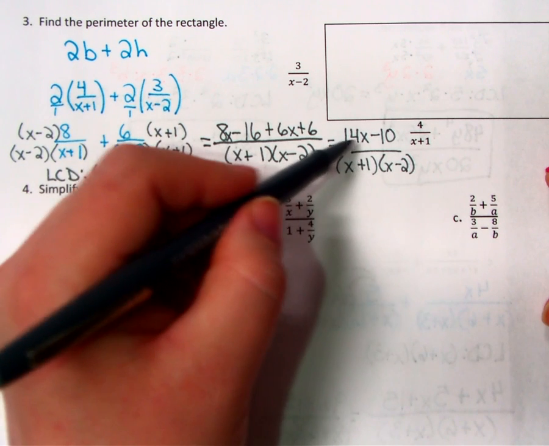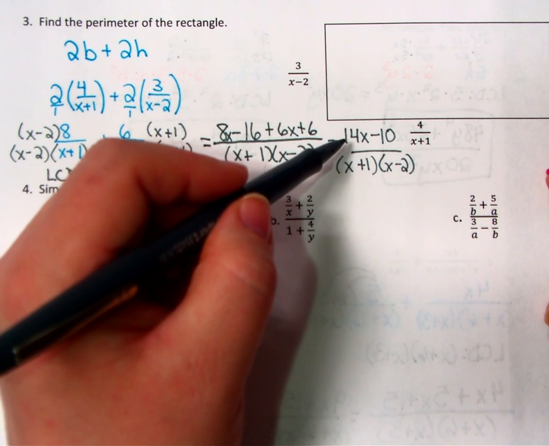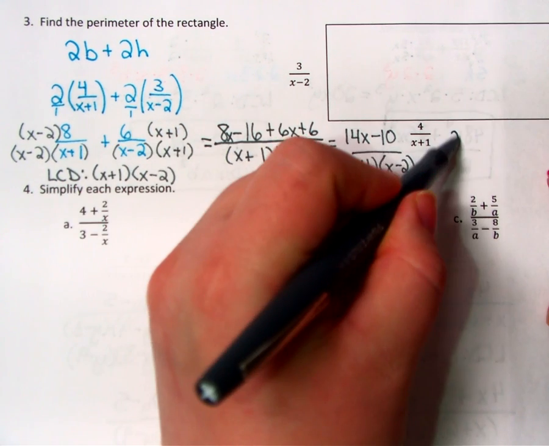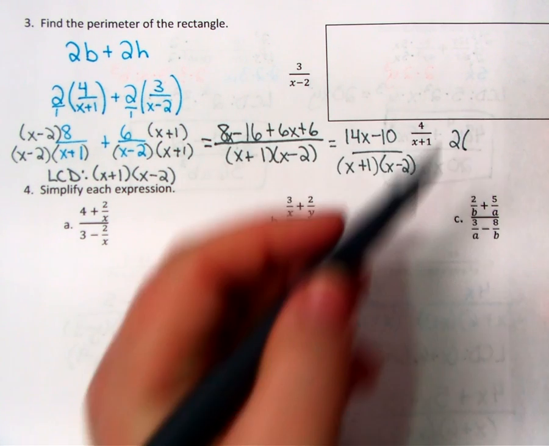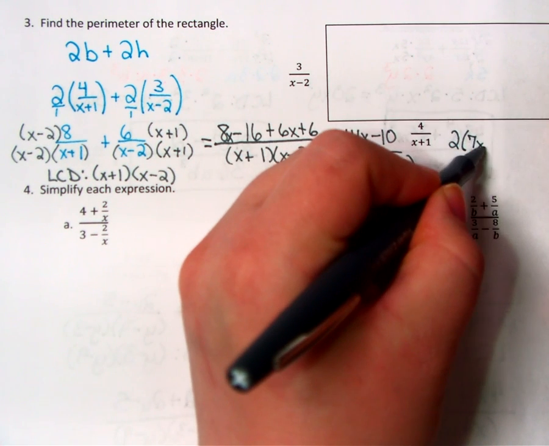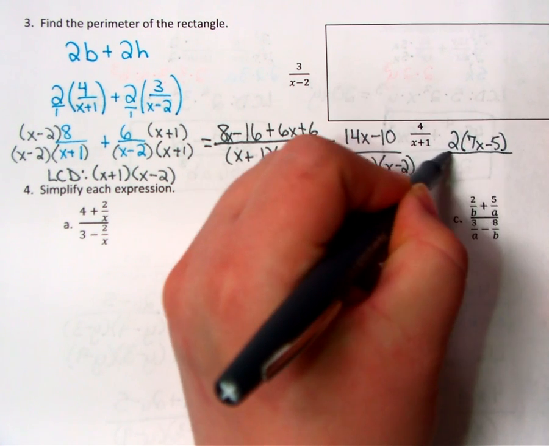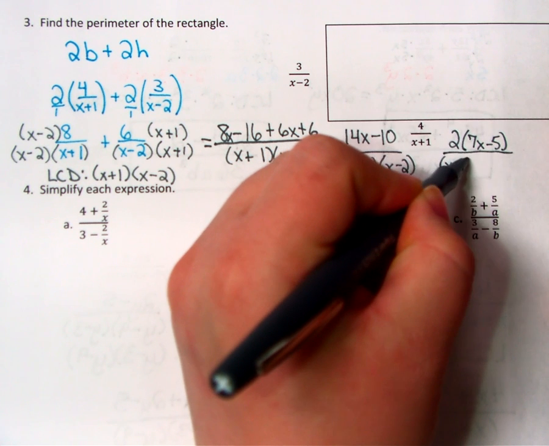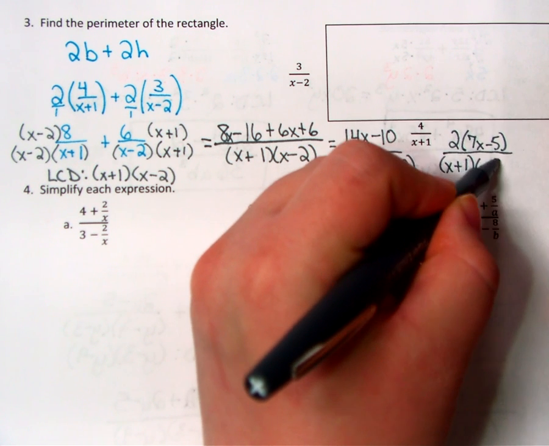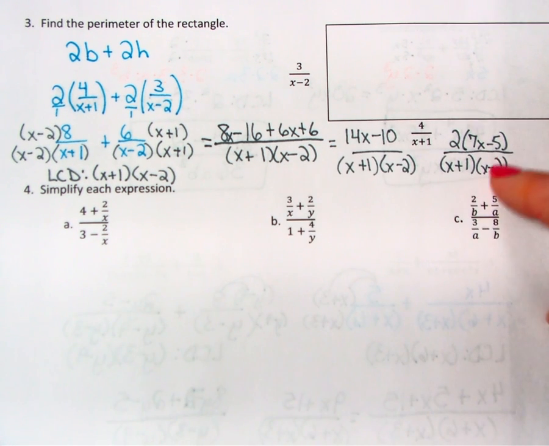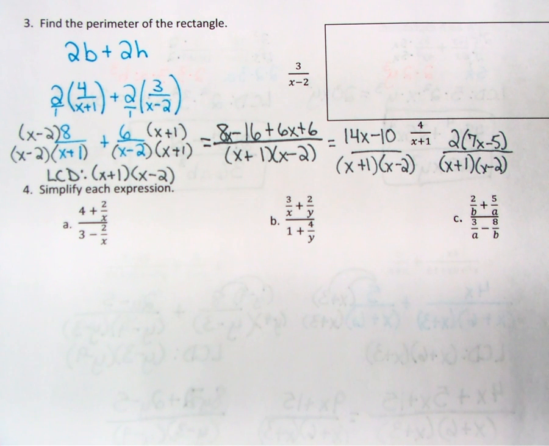Can I take something out of the top? I can take a 2 out of the top. And that leaves me with 7x minus 5 over x plus 1, x minus 2. And there's nothing that can cancel here. So that's my final answer.